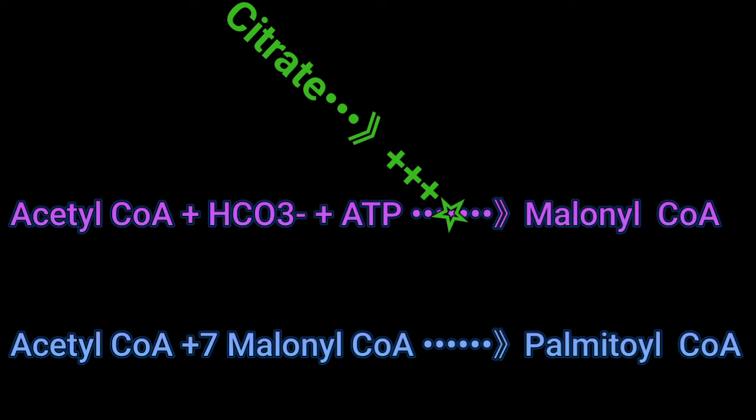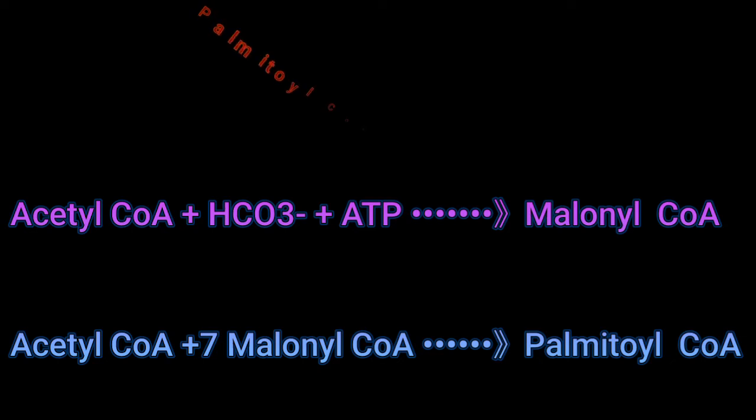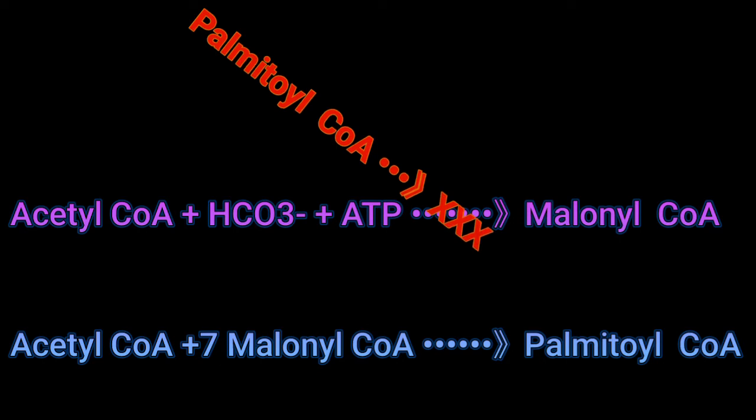Acetyl-CoA carboxylase is also allosterically inhibited by palmitoyl CoA. High levels of palmitoyl CoA or any long-chain fatty acyl CoA in the cytoplasm will promote the depolymerization of the enzyme, meaning going from the multiple subunits of the enzyme to a monomer or a single subunit of the enzyme.